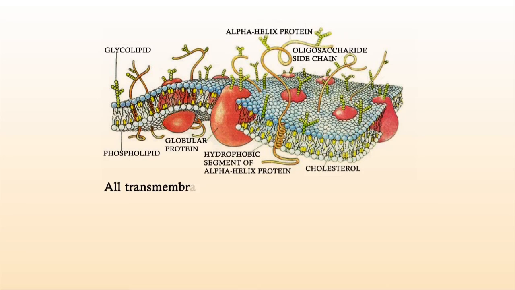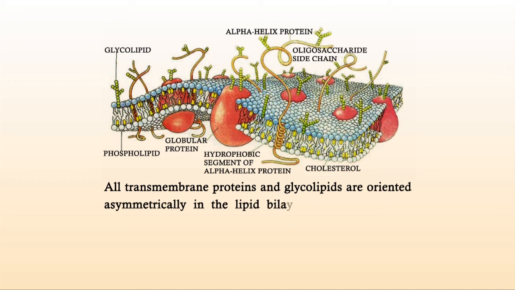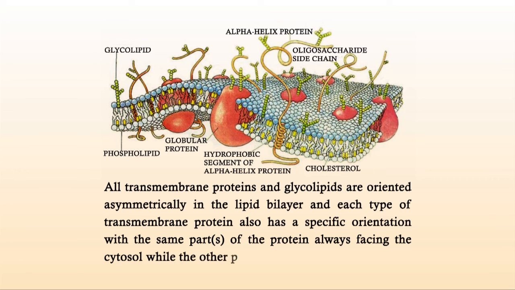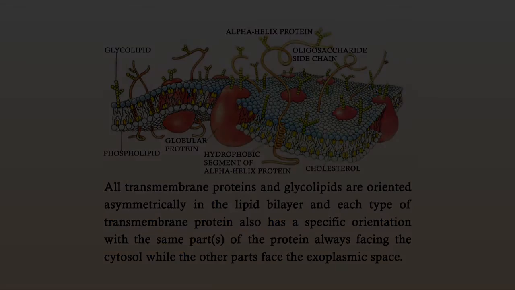All transmembrane proteins and glycolipids are oriented asymmetrically in the lipid bilayer, and each type of transmembrane protein also has a specific orientation, with the same part or parts of the protein always facing the cytosol while the other part faces the exoplasmic space.